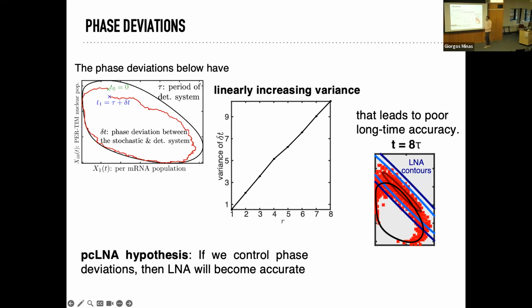If we compare the period of the deterministic system with the time that you need to do one cycle with a stochastic system, and take the difference, the variance of this difference, which we call phase deviation, is increasing linearly in time. Meaning that it breaks down the whole approximation. That's why you get this failure.